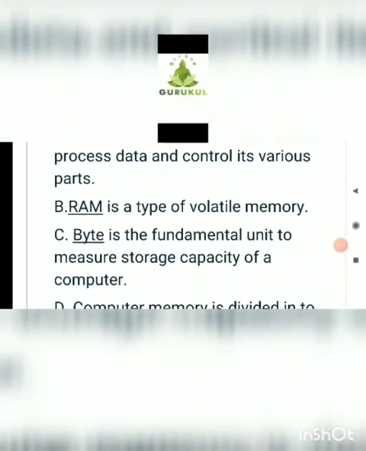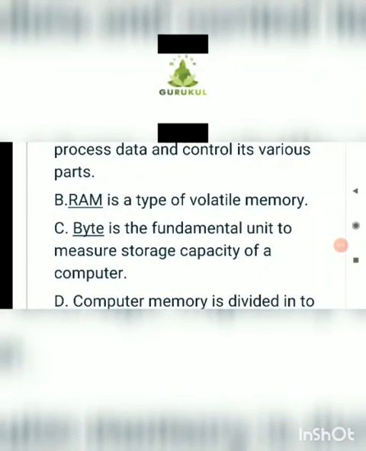Then it comes to C. Dash is the fundamental unit to measure storage capacity of a computer. Answer will be byte. Kids, we have already discussed in a previous video, whatever information or data we are storing in a computer system is stored in the form of a series of zeros and ones.